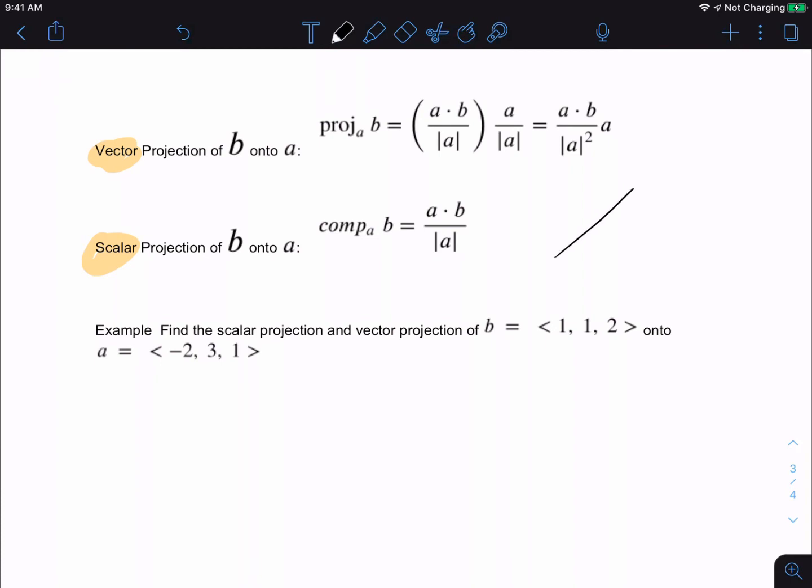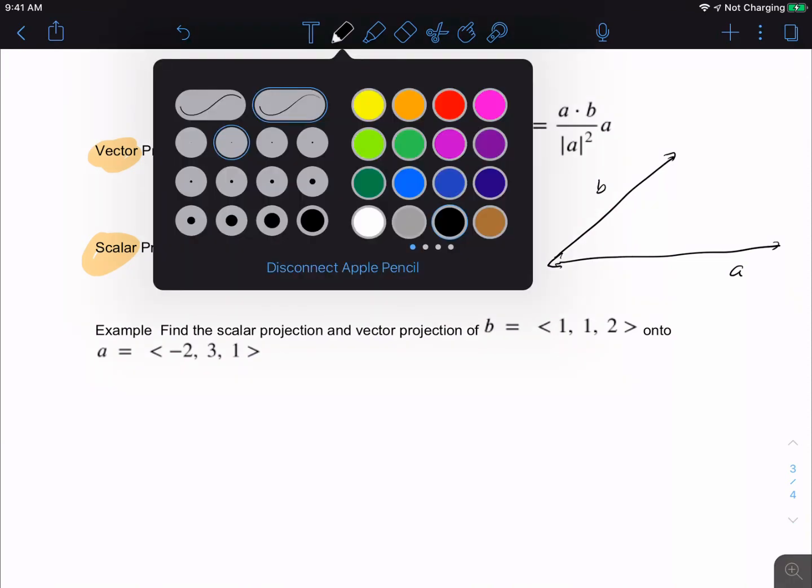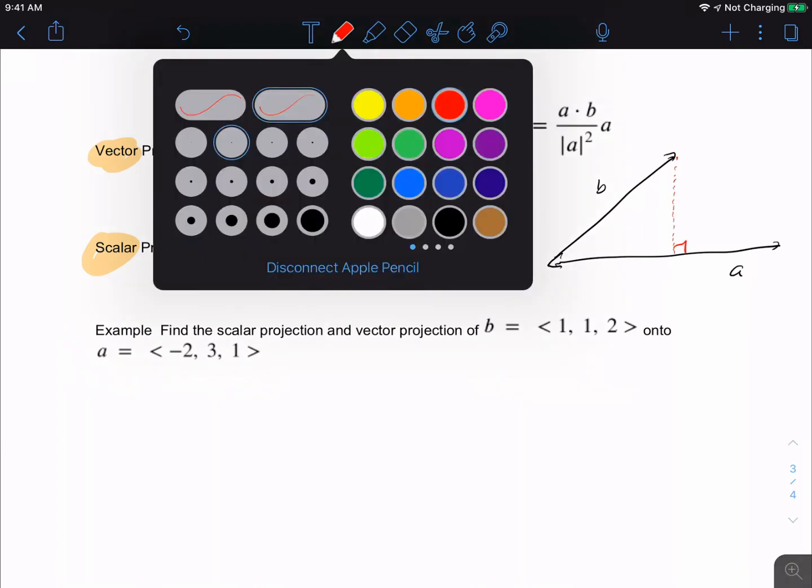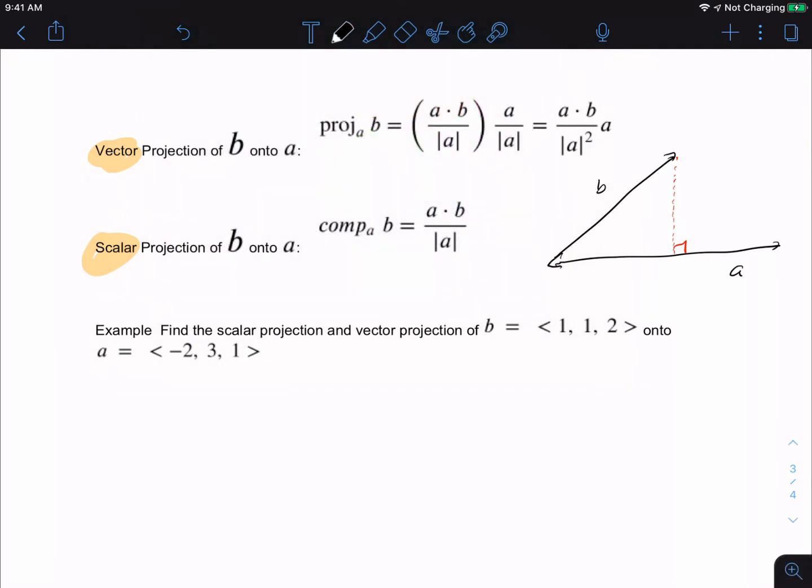So if I have this is vector B, let's say this is vector A, make sure they hit right. What's going to end up happening here is if I draw a perpendicular line dropping down there, in fact, let me do this in a different color so you guys can see.